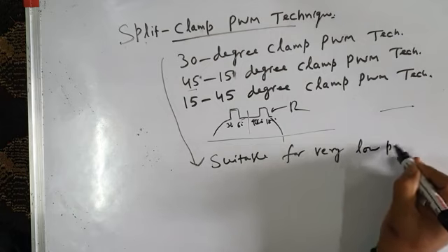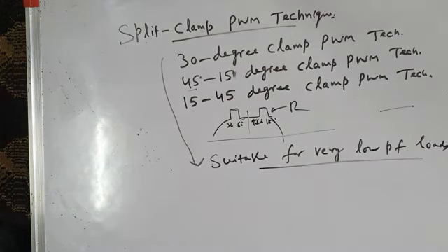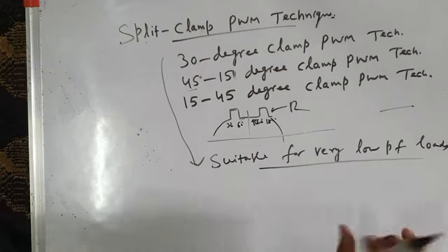Like, say, if you are using an inverter for your D-STATCOM application for reactive power compensation, or for STATCOM applications where power factor is very close to 0, there we go for the split clamp PWM technique.